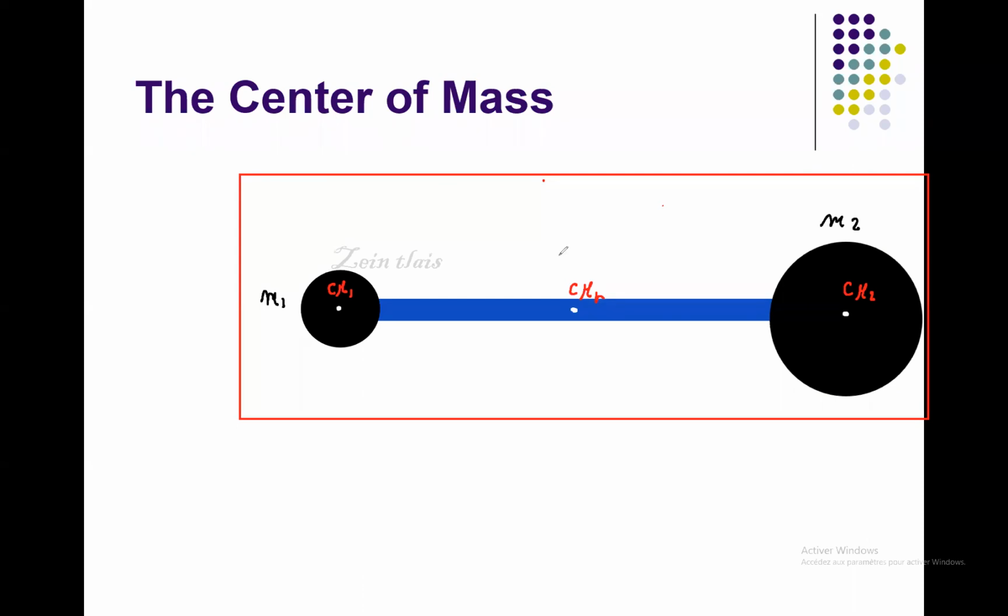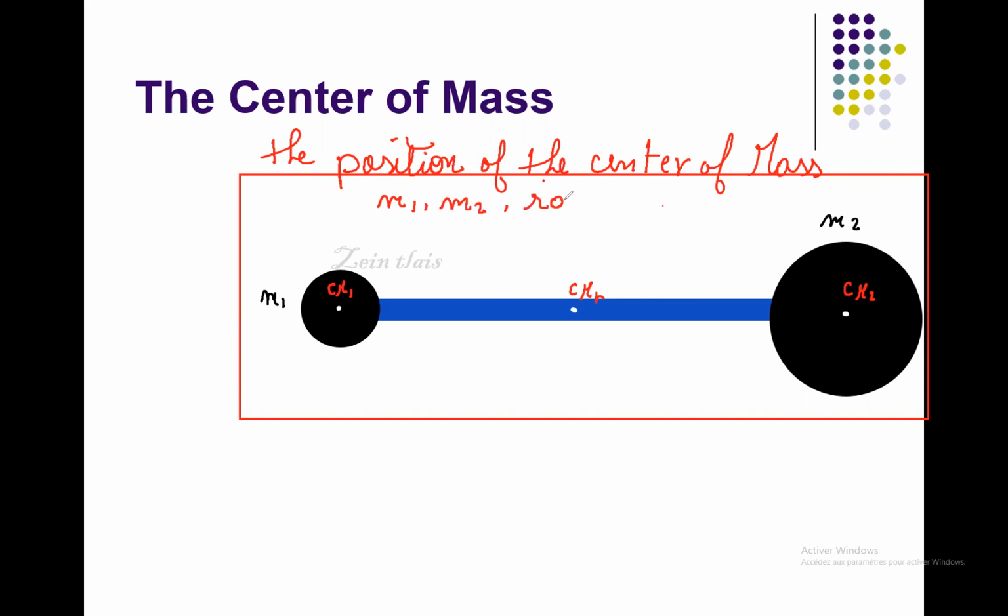So in general, we have to calculate the position of the center of mass. This system contains M1, M2, and a road. So we have here M1, we have M2, and we have the road.